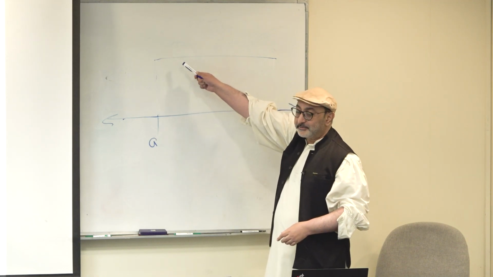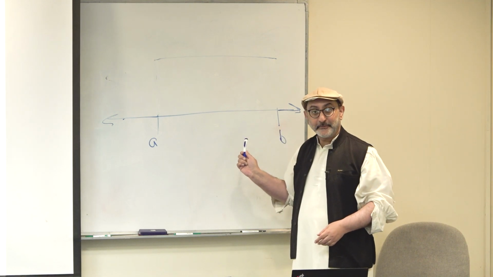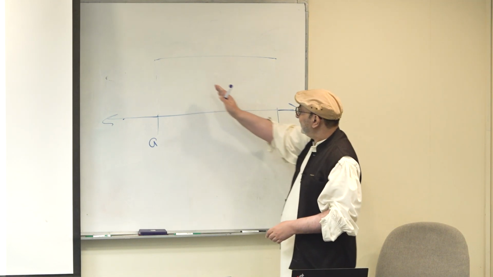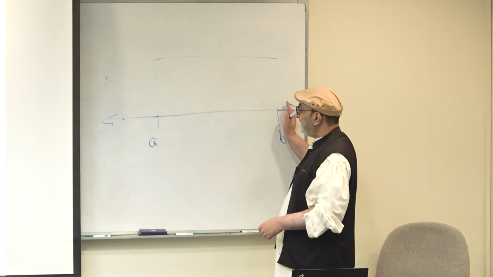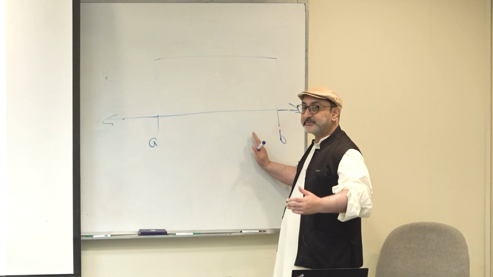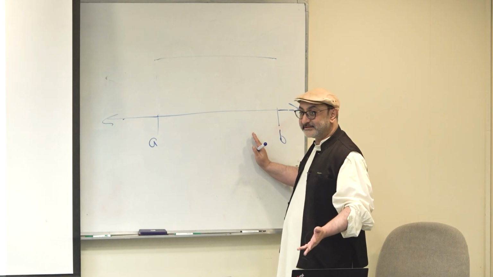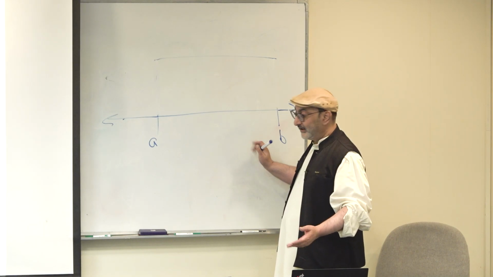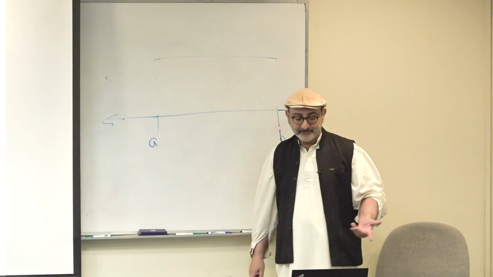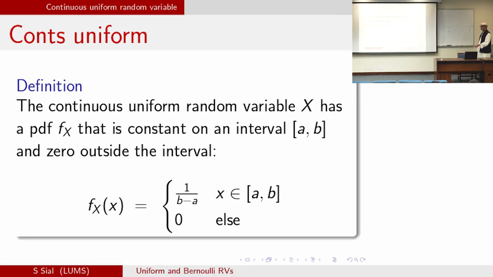Then it jumps up to a constant value. And then at B, it drops back down to 0. So when I integrate the PDF, all I need to do is integrate from A to B. And it's supposed to be uniform, which means that the probability density should be the constant. And then the constant that you need, so the integration will come out to 1, is 1 over b minus a. Okay?